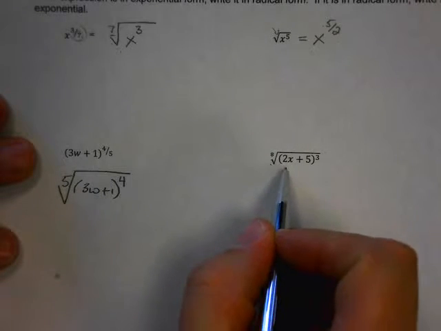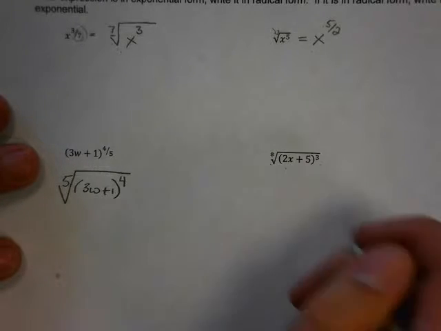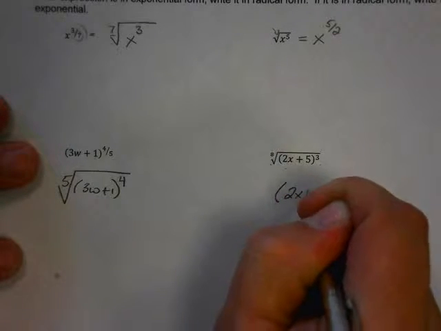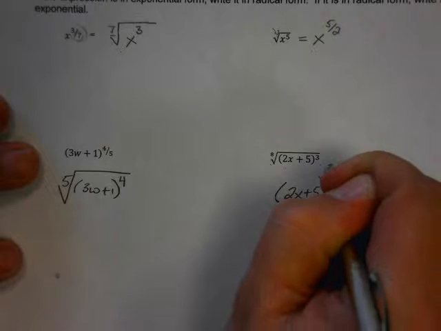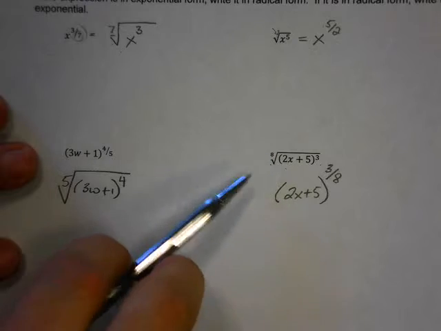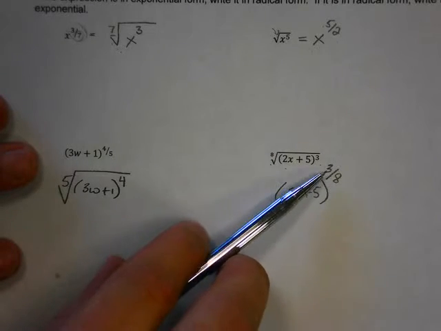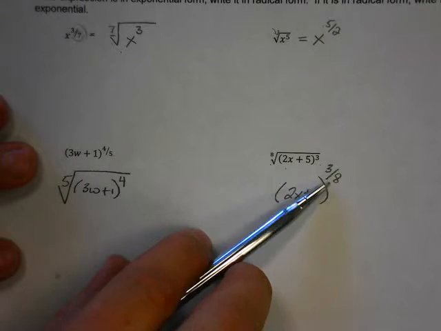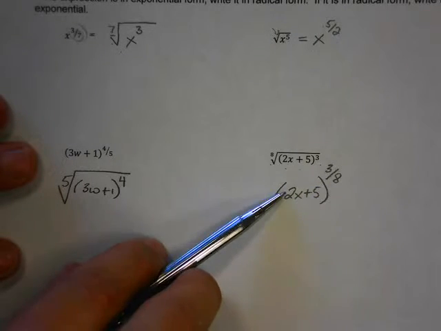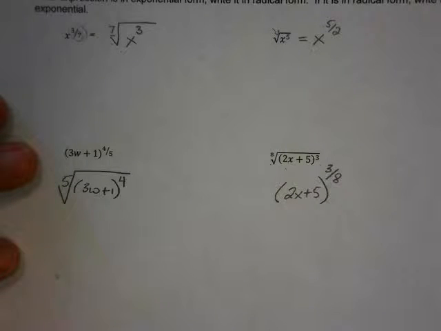And the 8th root of 2x plus 5 cubed is equal to what? To the 3/8. So our index is 8. So if we were rewriting this, 2x plus 5 cubed, then take the 8th root of it, or 2x plus 5, take the 8th root of it, get that answer, then cube it.